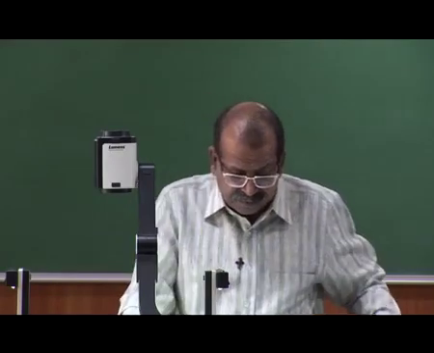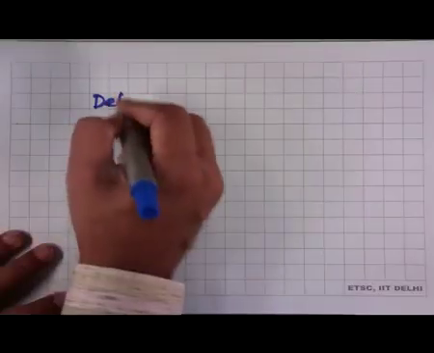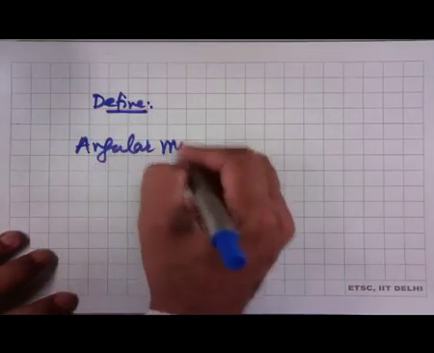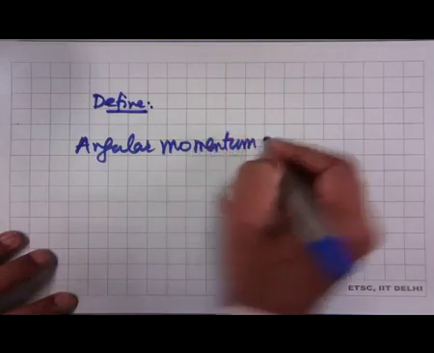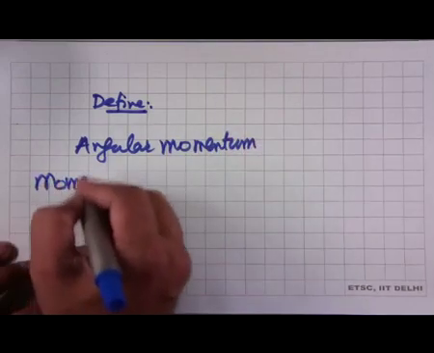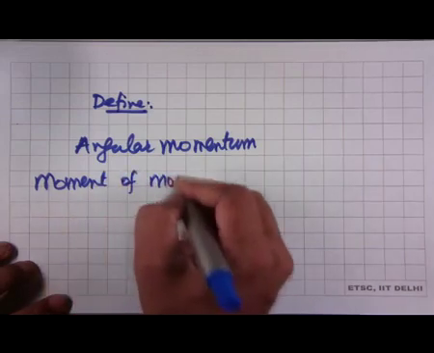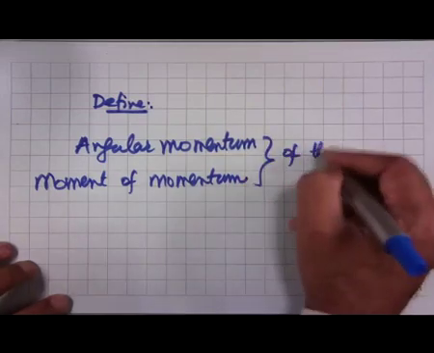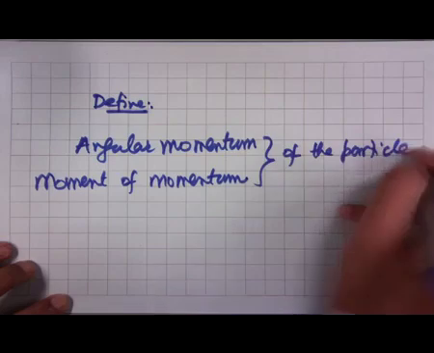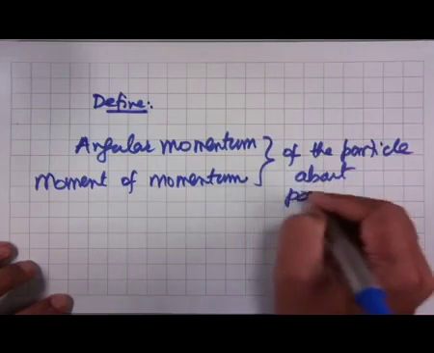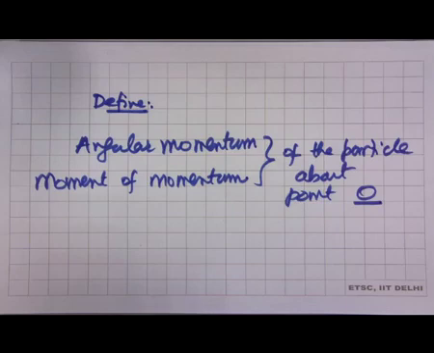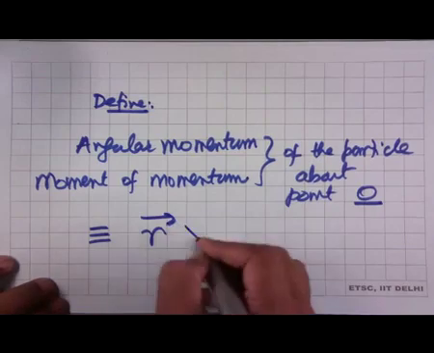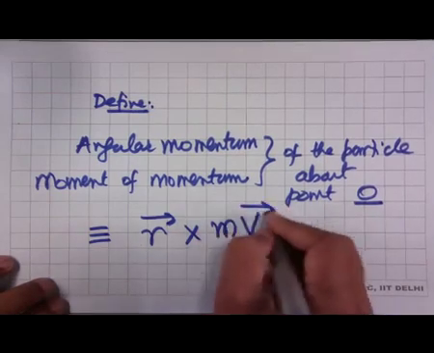Then we define angular momentum, or we will also call it moment of momentum, of the particle about point O. Now, this is important. Angular momentum is always about some point, and this we will define as the vector r cross mv.